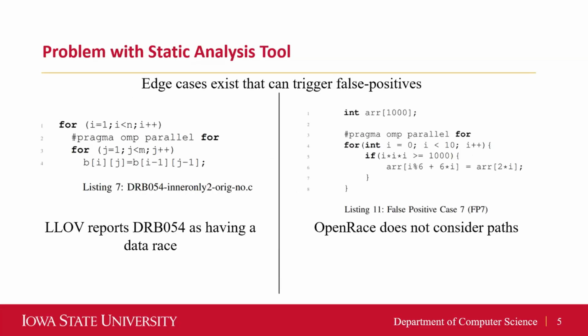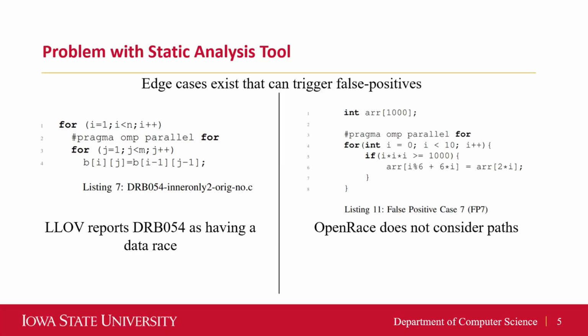Going back to the two static analysis tools that I mentioned, they have a problem where if they are presented with edge cases, then they can produce false positives. LLOV reports DRB54 from DataRaceBench as having a data race, even though it doesn't have one. I haven't dived deep into the implementation of LLOV to see why this is happening, but there are two possibilities.